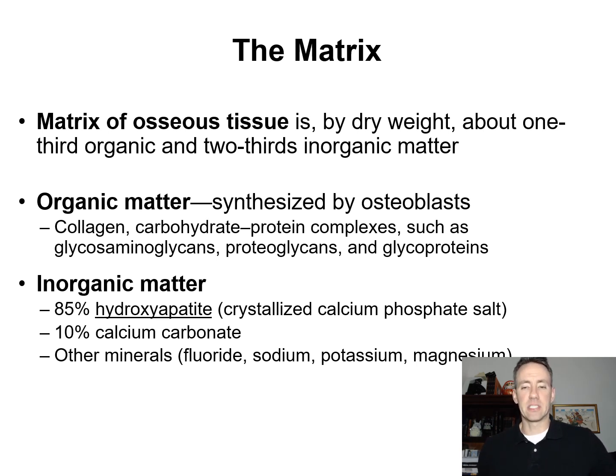Again, that organic material is going to be collagen or carbohydrate-based proteins, like glycosaminoglycans, proteoglycans, and glycoproteins. And then the inorganic material, which we've mentioned, about hydroxyapatite, about 85% or so. That's crystallized calcium phosphate salts, and 10% calcium carbonate, which is something you might see in stone. So it adds again to the hardness of bone. And then those other minerals that I've mentioned before.